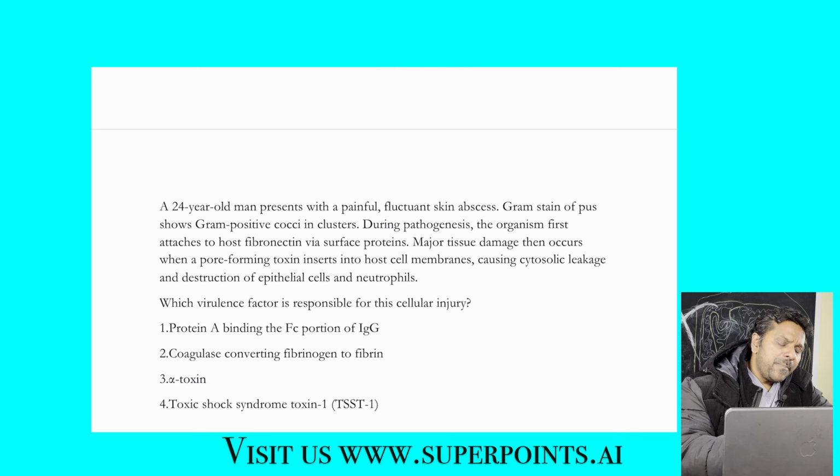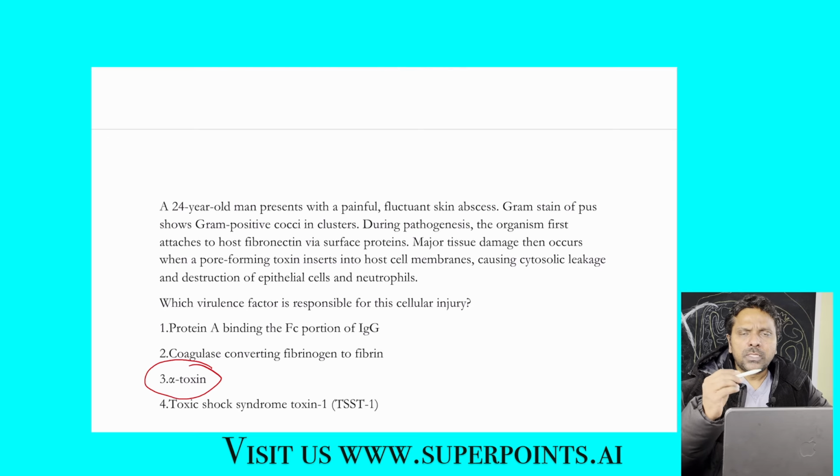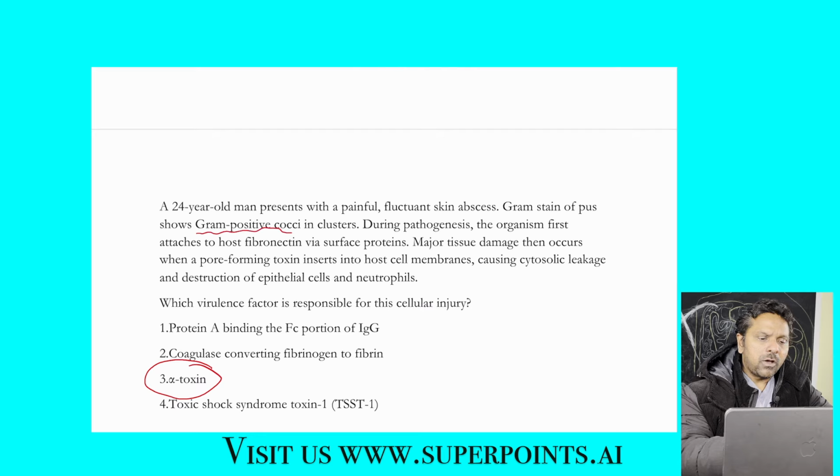So the best answer here is 3, alpha toxin. First, you need to identify the organism. They are telling you gram-positive cocci in clusters. Then they say it attaches to host fibronectin via surface proteins, which is not very helpful.